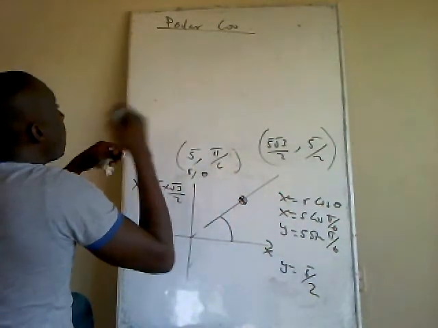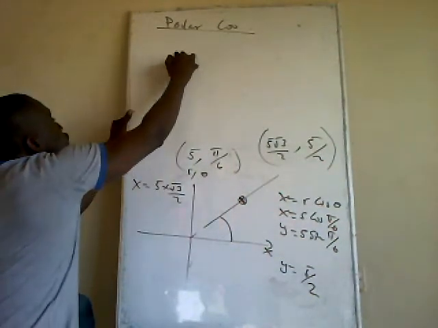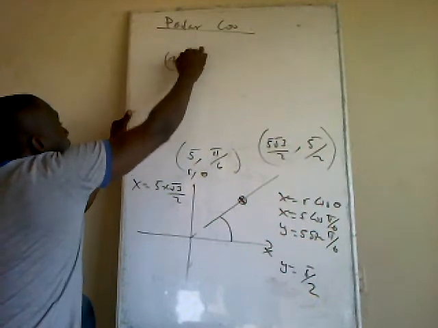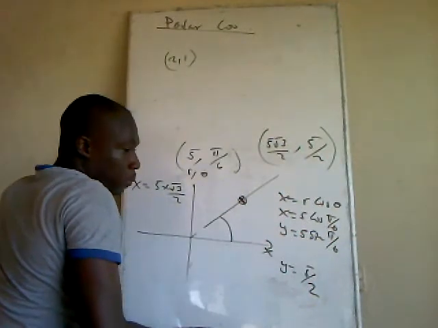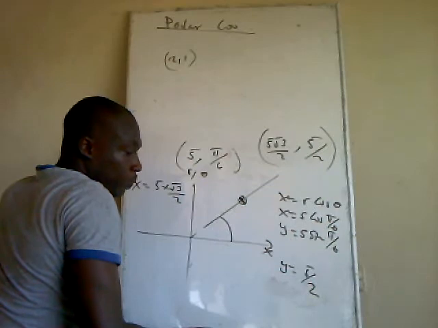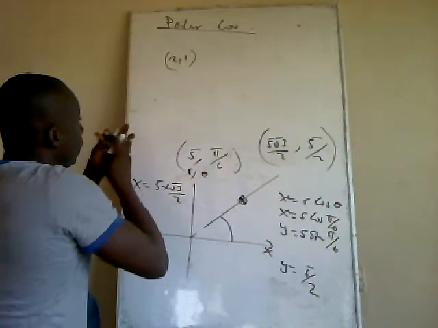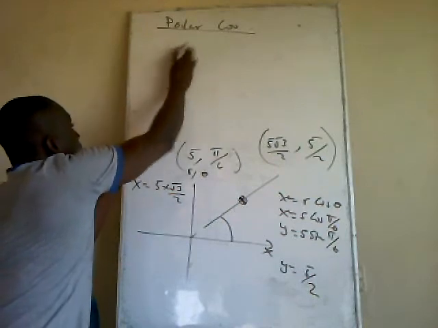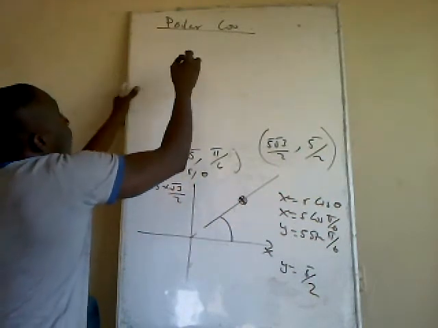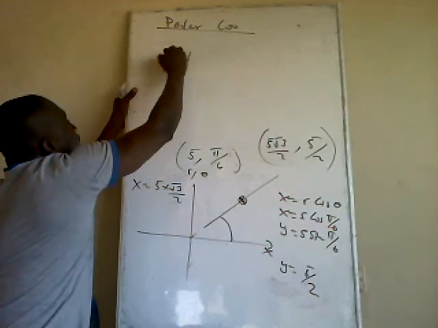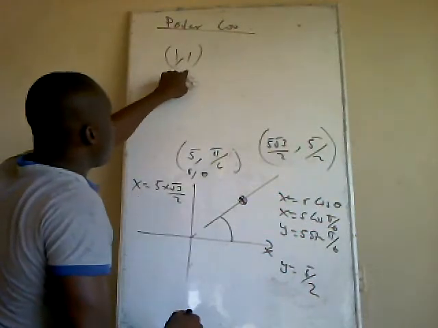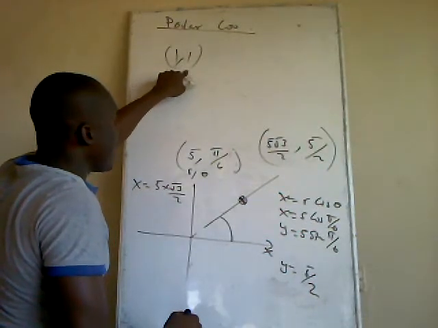Converting the point 1, 1 from Cartesian to polar.